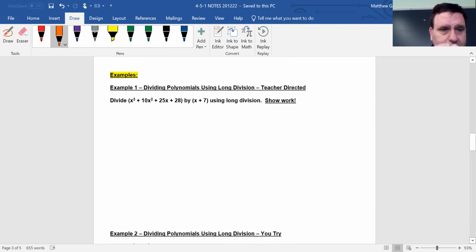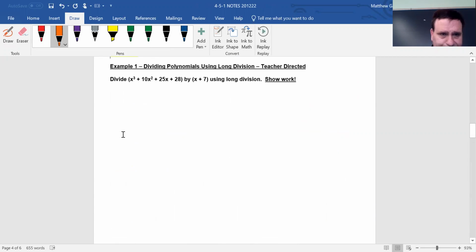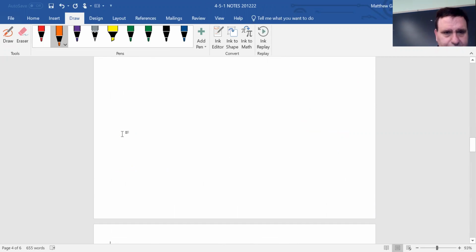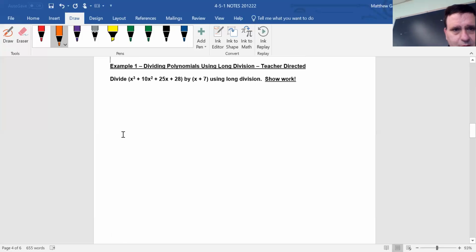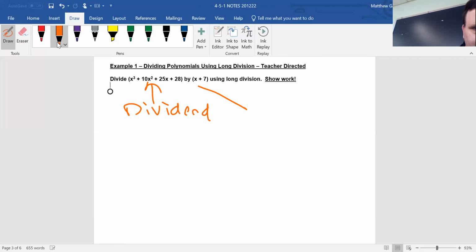Divide the two polynomials using long division. So what we're doing here is that when you have long division, you have two parts. You have the dividend, you have the divisor.